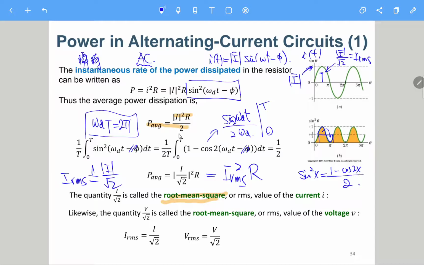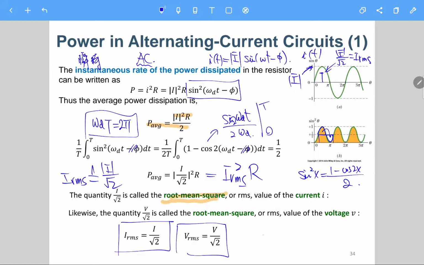But here, when we consider DC power, then we all the way use I square R. And for AC, we will use the root mean square, so that when we plug in I RMS and then take the square out, then it will be the average power. And of course, we also define root mean square for the I and also the root mean square for the voltage.